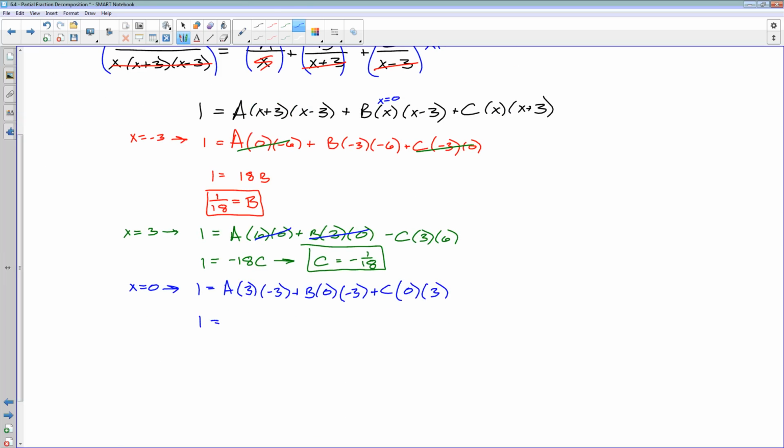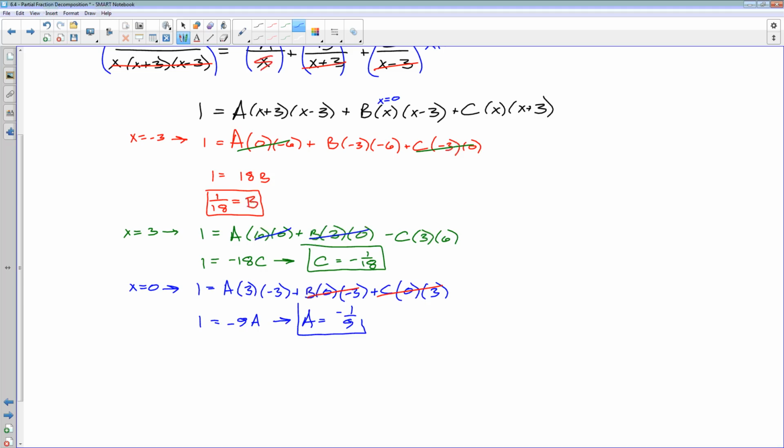And my b and c terms cancel this time. So now b times 0 times 3 cancels, c times 0 times 3 cancels. 3 times negative 3 is negative 9a, and we get a to be negative 1/9.